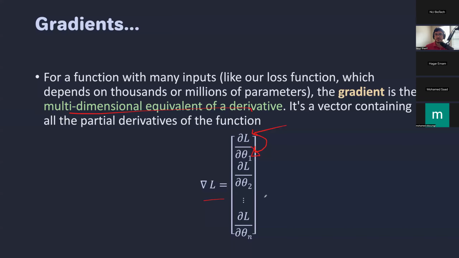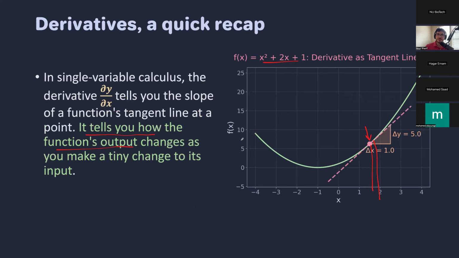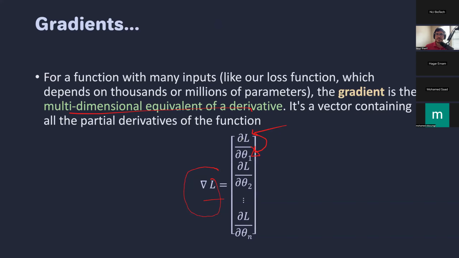These represent the weights and the biases. So this gradient term becomes a vector of numbers, with a single value for every parameter, and this value represents the partial derivative of the loss with respect to that single parameter. Is that clear? We've taken this derivative and just done it for every parameter in the network.